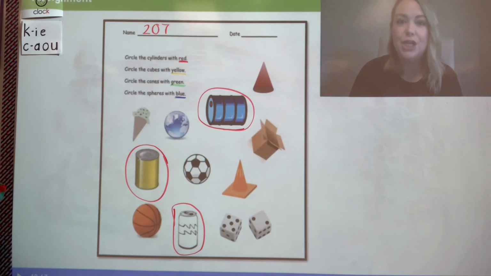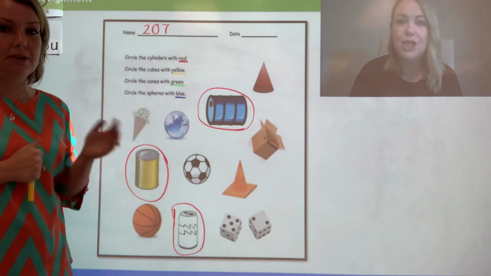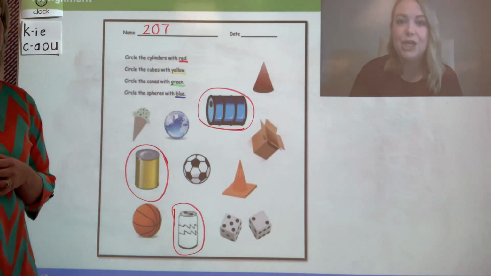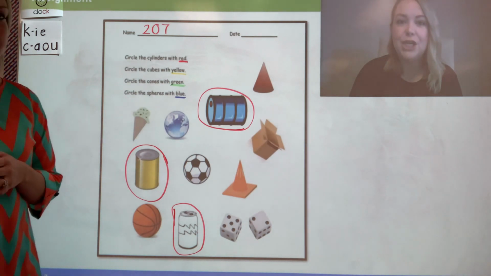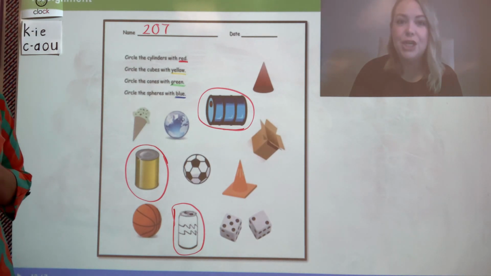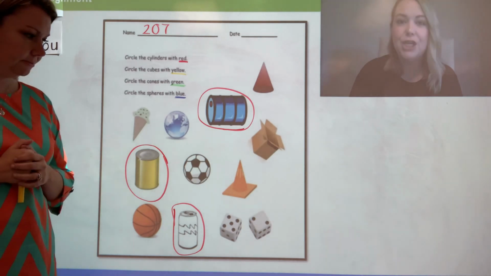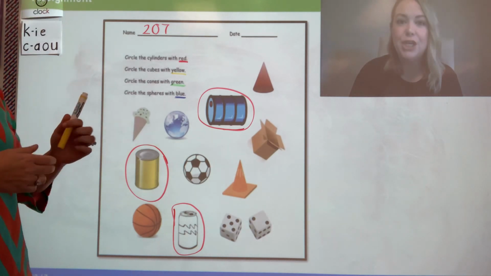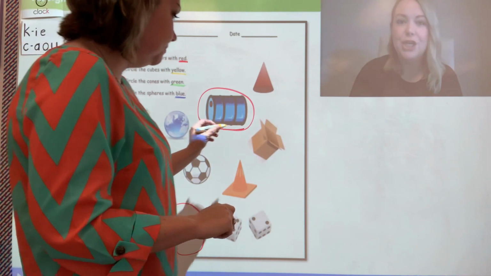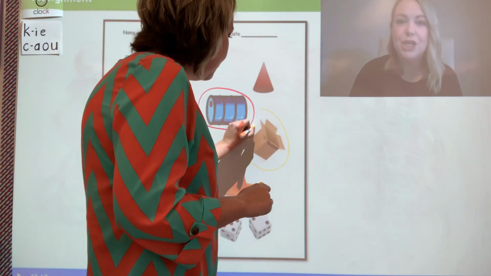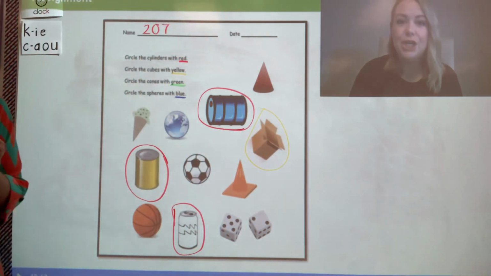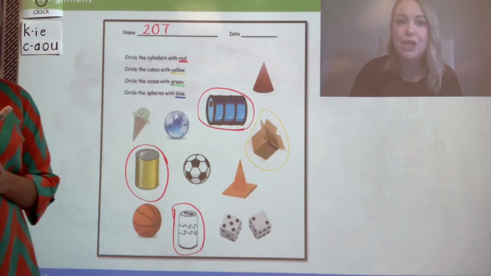Who can raise their hand and share with me a cube on this paper? Adeline. The box is a cube. Okay, so the box is a cube. Thank you, Adeline. We can take our yellow and circle the brown box. Someone else tell me a cube that they see.